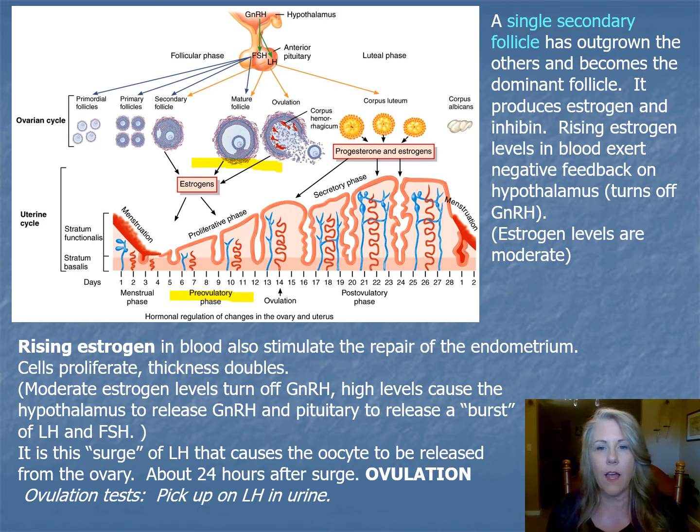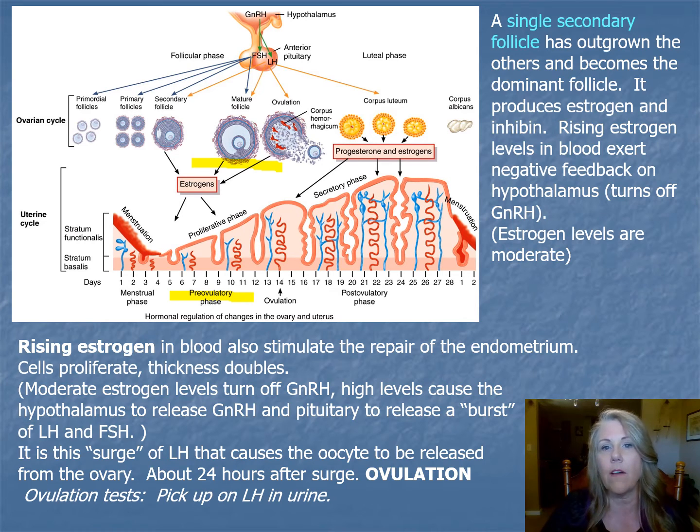That rising, increasing level of estrogen in the blood exerts a negative feedback onto the hypothalamus. This will actually turn the hypothalamus off from producing and secreting the gonadotropin releasing hormone. We learned about how these hormone interactions work when we talked about the endocrine system. A rising level can make something happen in our body.